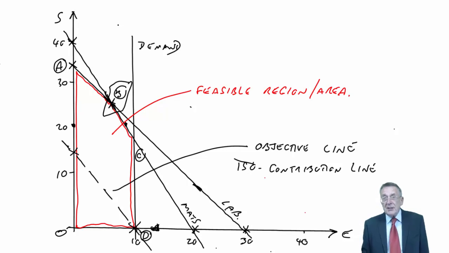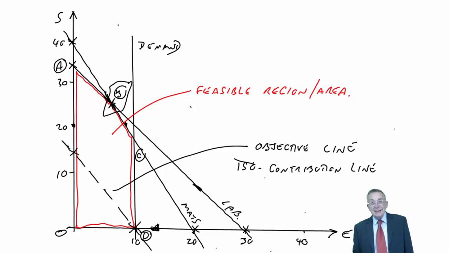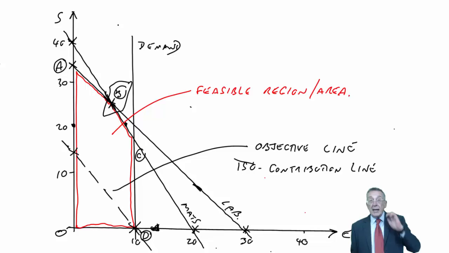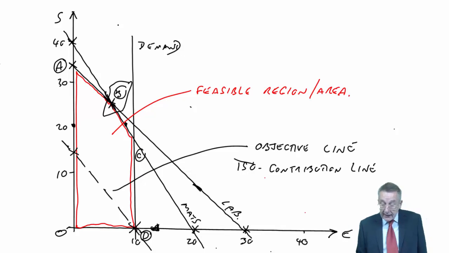You know, there is a danger of picking the wrong point. Well, B is in fact the best, but by all means work out the value at C, which is quick actually, because at C we know that E is 10, and it's where materials crosses E, so it wouldn't take a moment to work out.